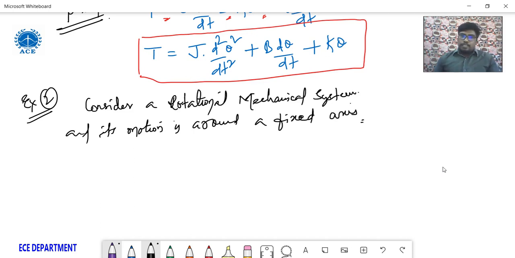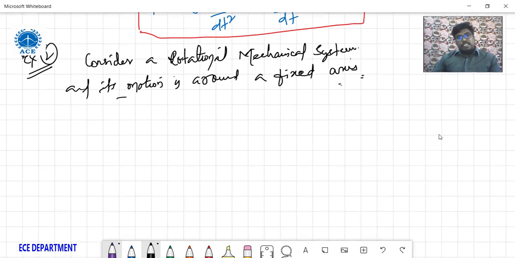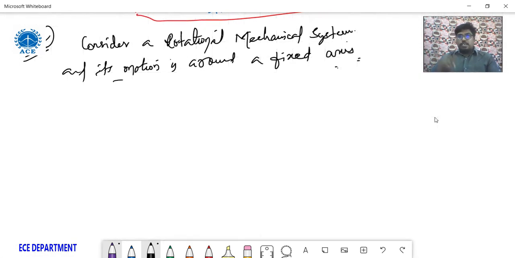See, I am naming it again and again, the motion is around a fixed axis. A rotational system means, by itself, the motion will be around a fixed axis. Okay, no need to mention it again and again. So for example, I am naming it like that. Okay, so let us see the system.